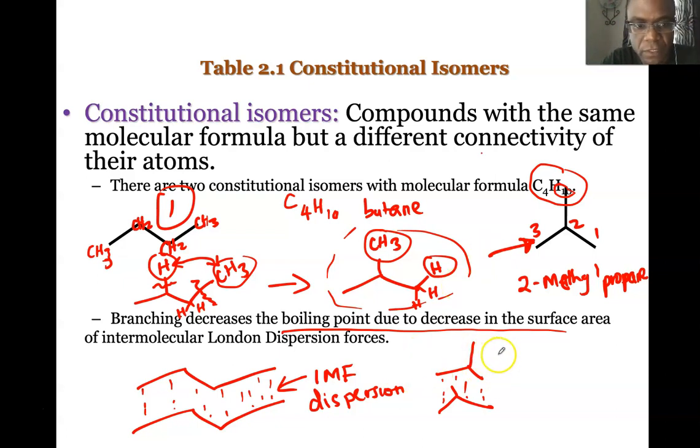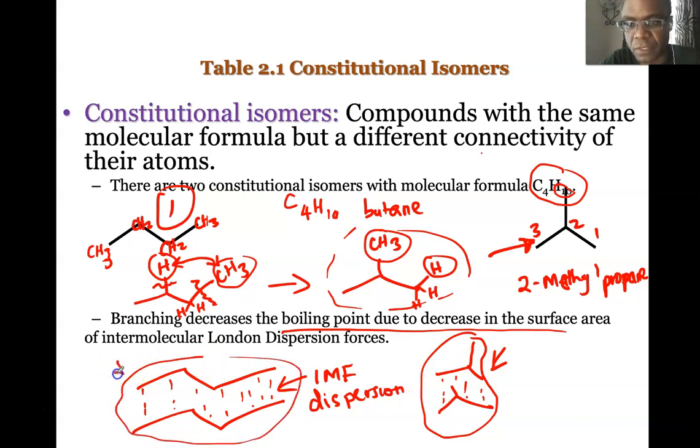So this molecule, when two of them come together, will have a lower boiling point and melting point compared to this one, which is straight chain. So here you have less intermolecular forces, what we call IMFs, of contact. Here you have more, so the boiling point here will be less than the boiling point here.